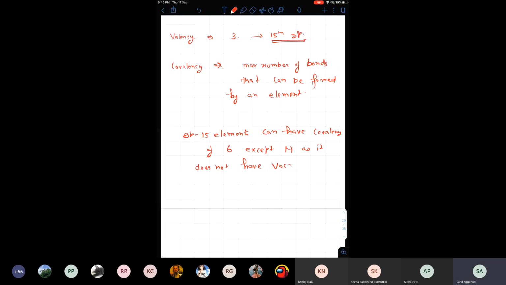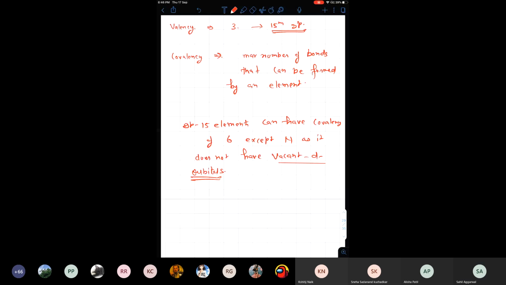So covalency can be 6 or it can be 4. For second period elements, for all groups, it will be 4. For other elements, for all groups, it will be 6.